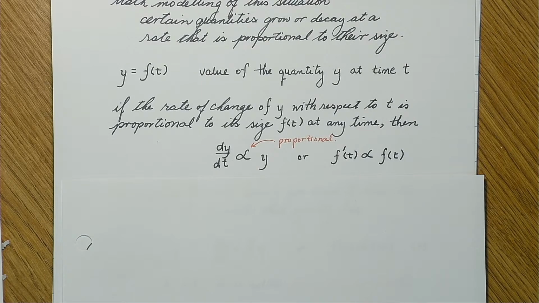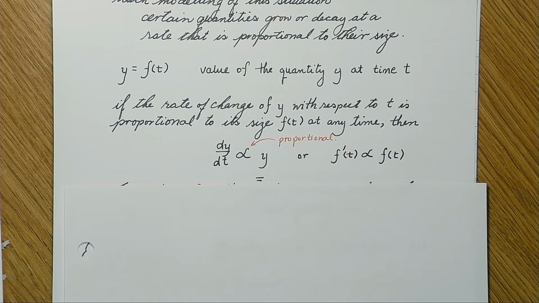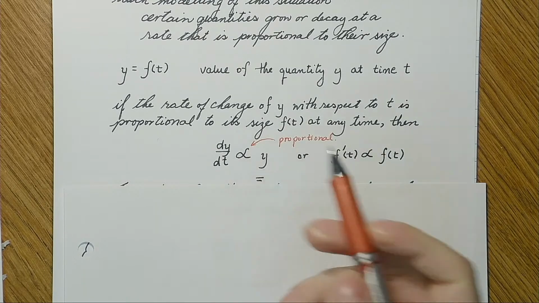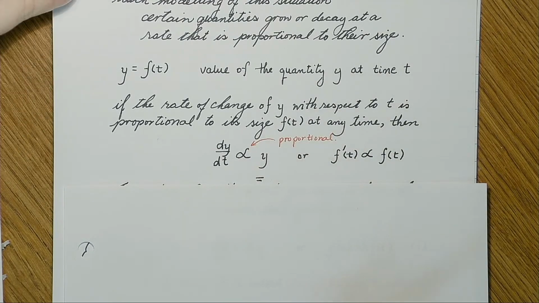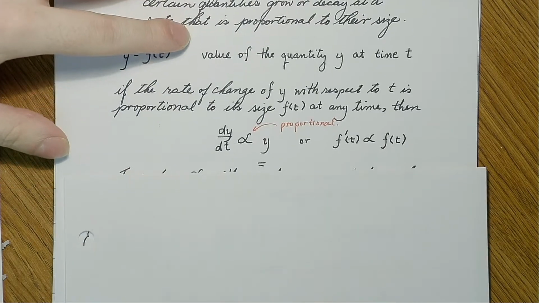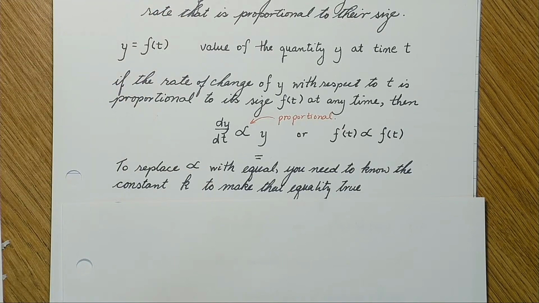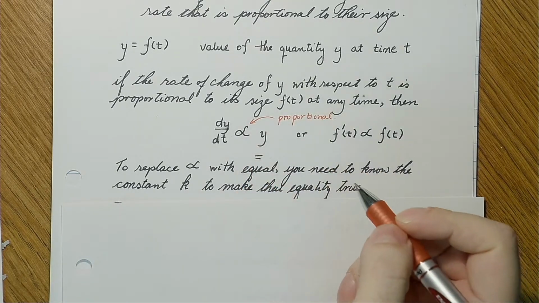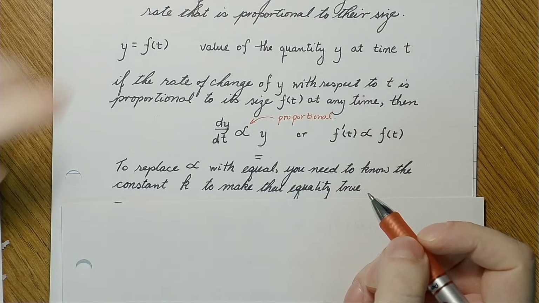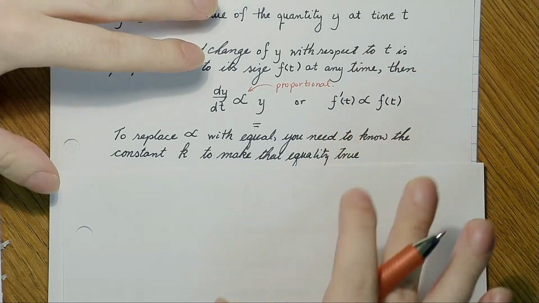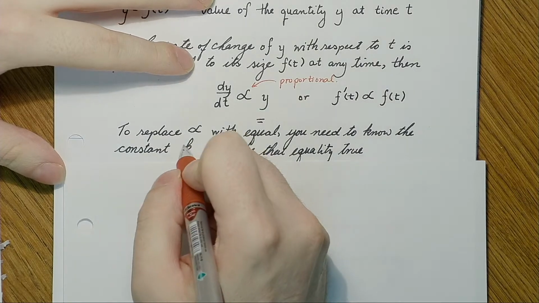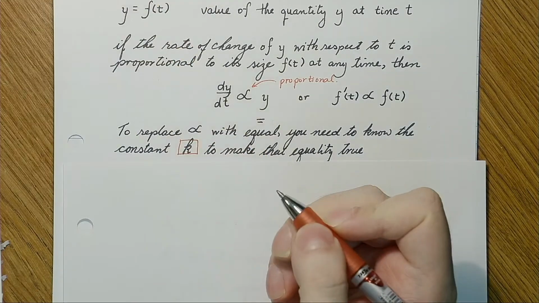When we say something is proportional, it means that to put in an equal sign, you need to know a constant k. It's some sort of number that will make this equal. So that's a fixed value, a fixed constant to make that true. Let's say that constant is k.